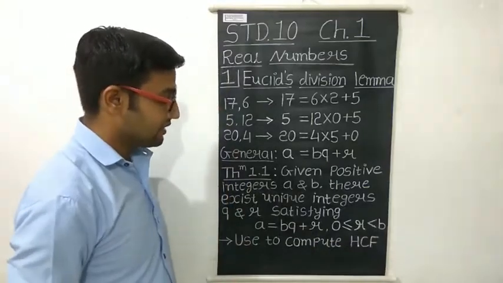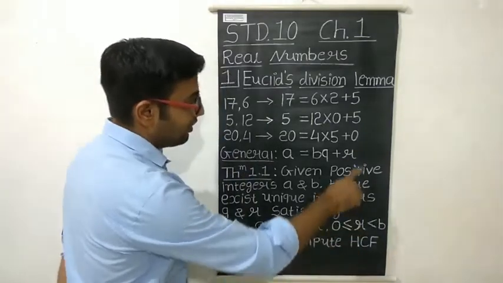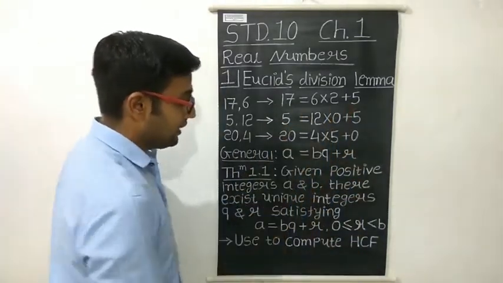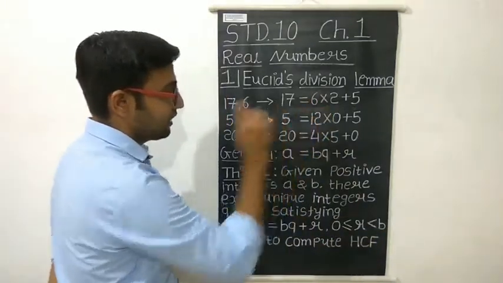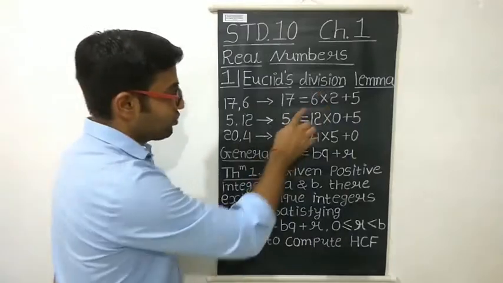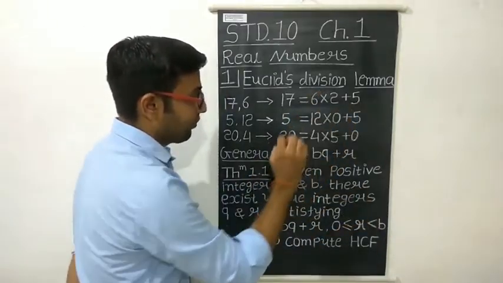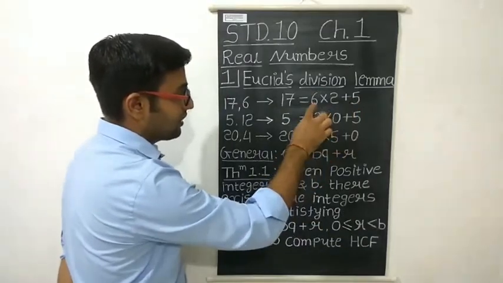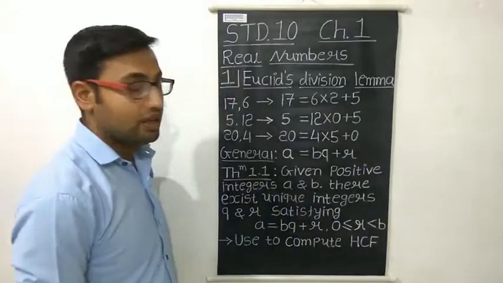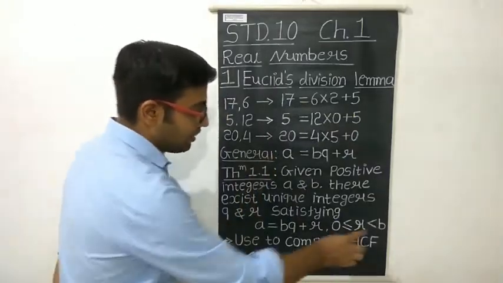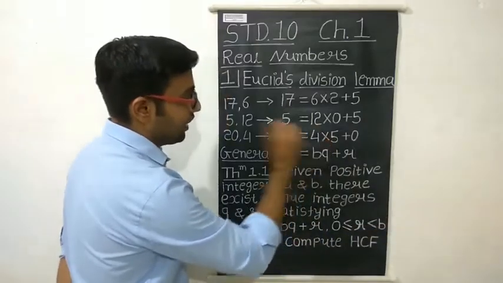Let us check for the three examples. For the first example, the value of the remainder is 5 and it is less than b. What is b? b is 6. So 5 is less than 6. That is why the remainder is less than b. For the second sum also, the remainder is 5 and b is 12.